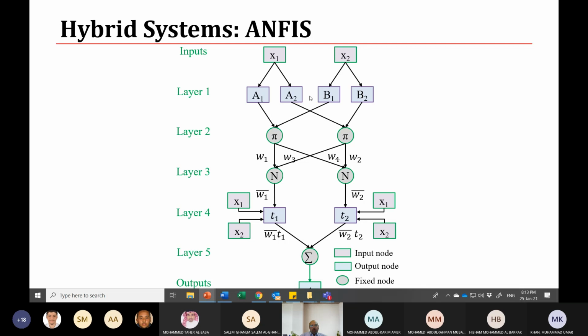You have here two fuzzy sets, A1 and A2 for X1, and B1 and B2, and then you can proceed with the multiplication here and addition weights of the neural network here, and of course you can continue.